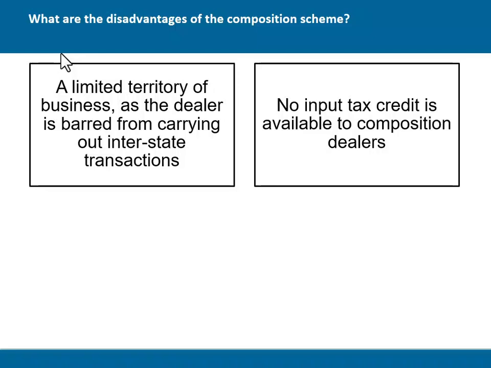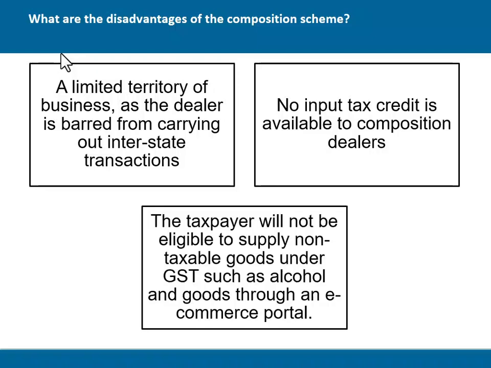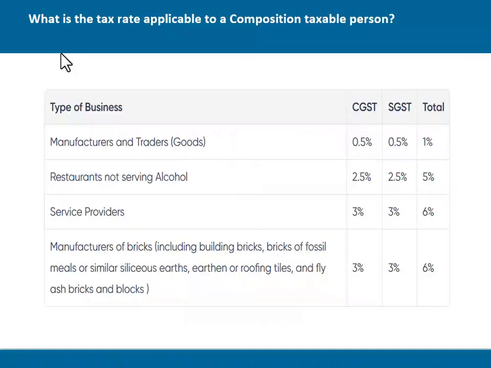So आपको input tax credit नहीं मिलेगा, benefit नहीं मिलेगा. The taxpayer will not be eligible to supply non-taxable goods under GST, such as alcohol, and goods through an e-commerce portal. So ये भी हो गया एक. अच्छा, अब this is basically what you are supposed to pay as a composite supplier. If you are a manufacturer or a trader of goods, then you have to pay only 1% tax.